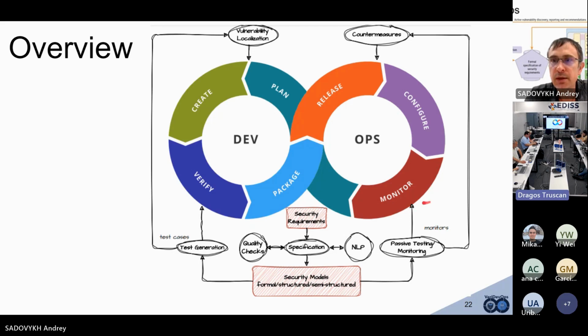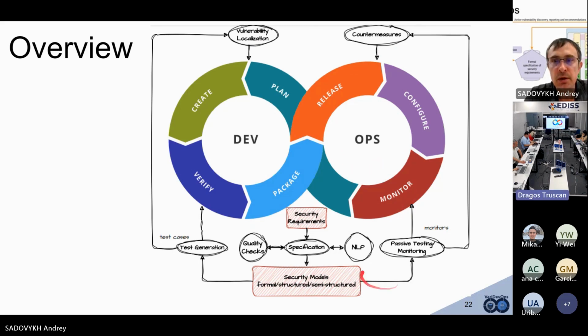If something is discovered in terms of anomaly detection, anomalies during operations, there should be countermeasures applied on running systems.